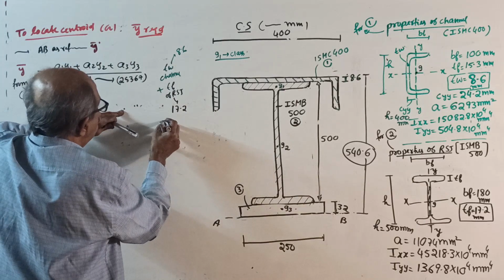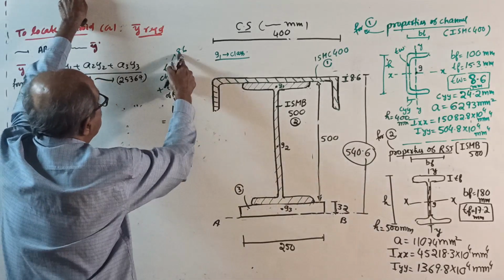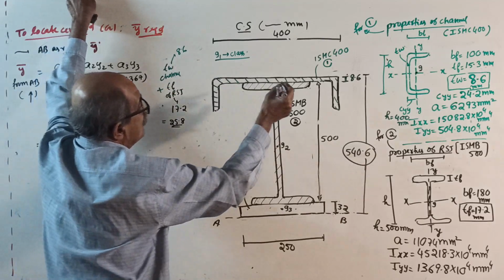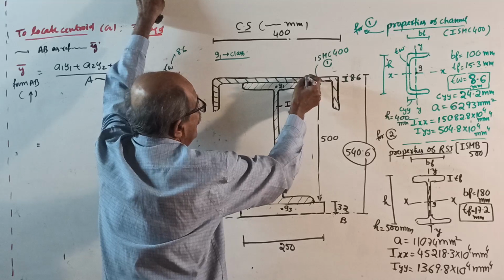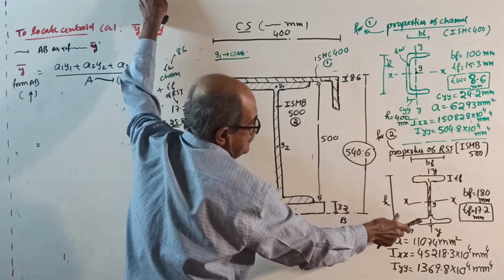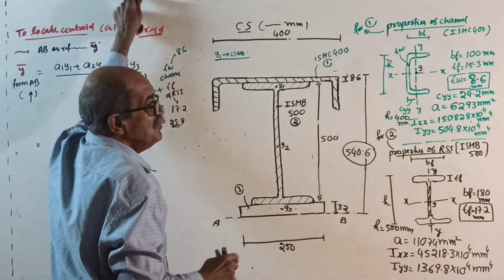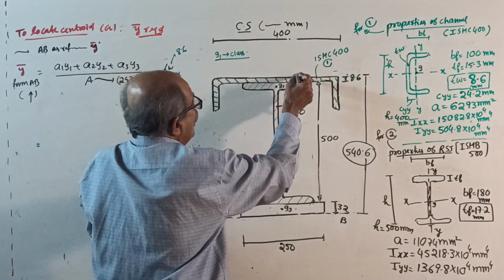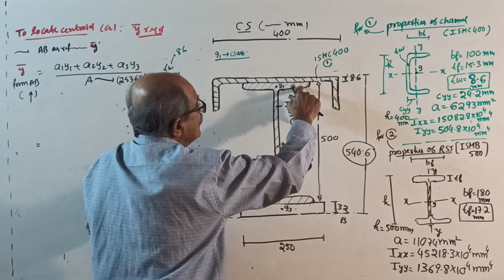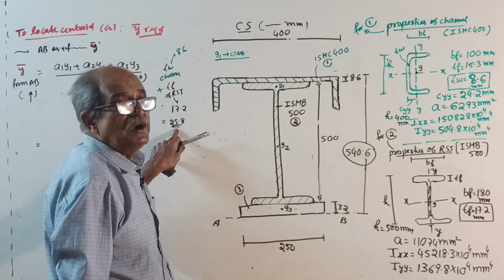So these two together, 17.2 plus 8.6 is 25.8 millimeter. So from the top edge, if you cover the thickness of the web of the channel and also the flange thickness of the RSJ, distance covered is 25.8.